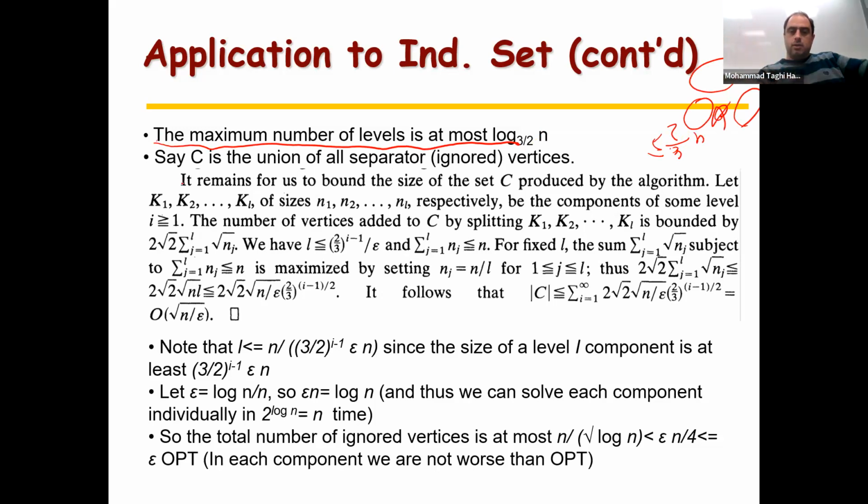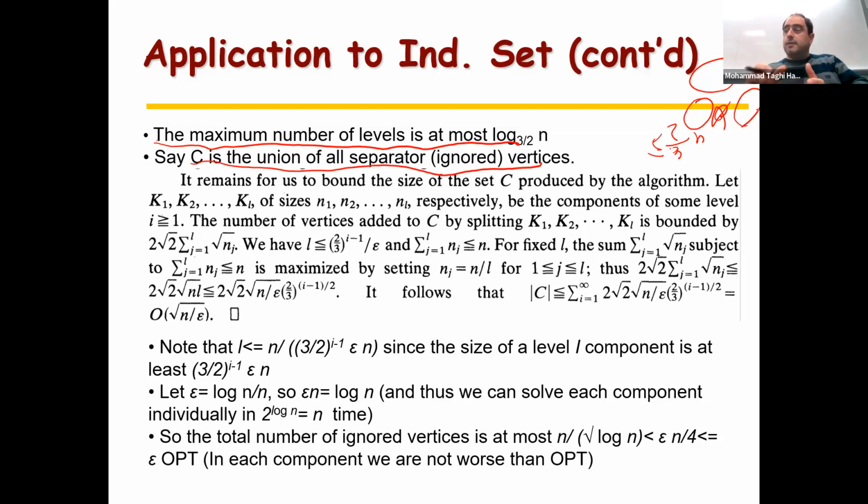Okay. So what do we do here? We are considering the union of all separators, the ignored or discarded vertices. So consider all separator vertices that we get rid of at some point, call this set C. We want to say that the size of C is small, in particular much, much smaller than n.